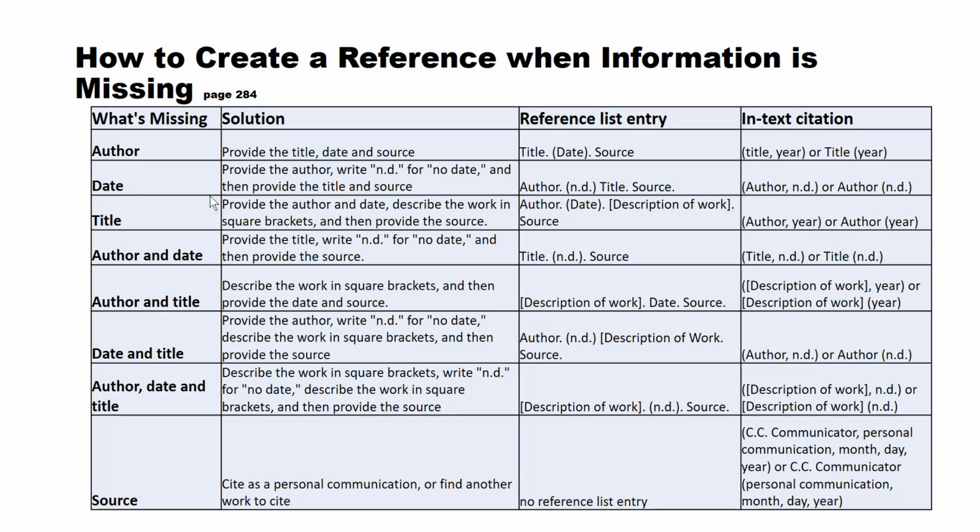For example, if the author is missing, then it gives you the solution and how the reference list entry is supposed to look, and also how the in-text citation is supposed to look. You can use this anytime you have a missing element and you want to find out how to cite when something is missing.